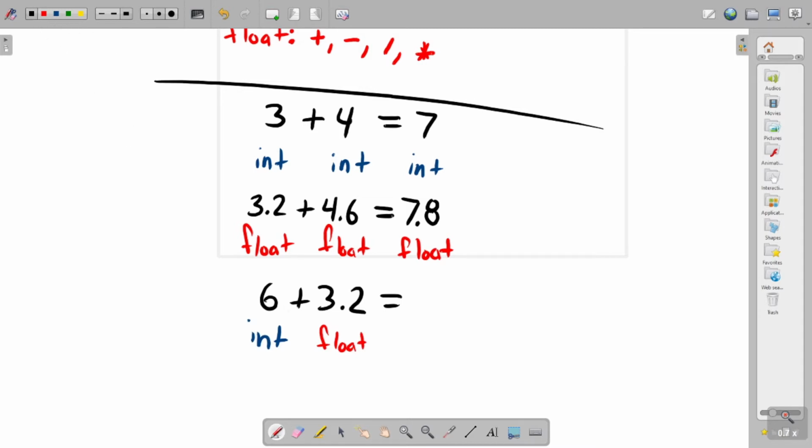Whenever you do this, the computer will automatically determine that it needs to make the answer a float. And it kind of makes sense here, right? Because if you were adding this normally with your normal math, then this would be 9.2, right? Which is also a decimal, which we said is called a floating point type.